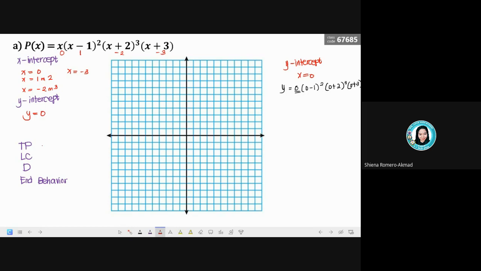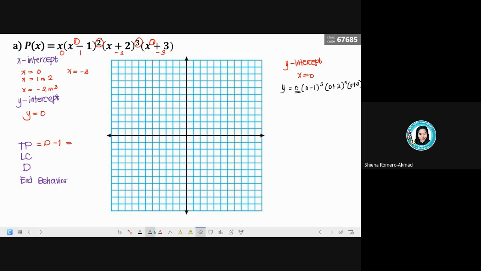Now, our TP or turning point is degree minus 1. So, the degree here is, 2, 5, 6, 7, 8. Ay, bakit 8 na sinulat ko?